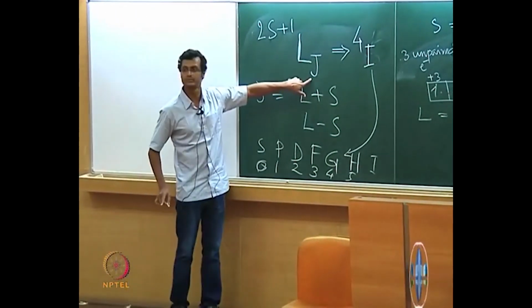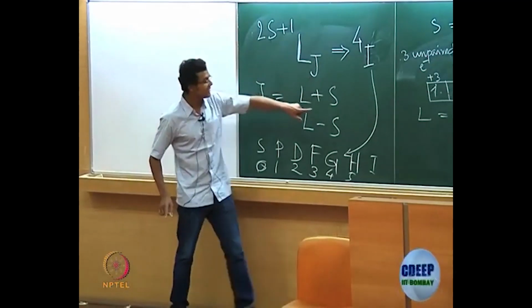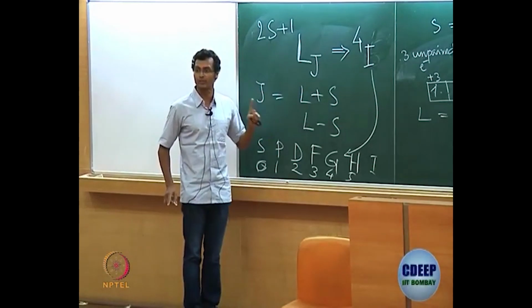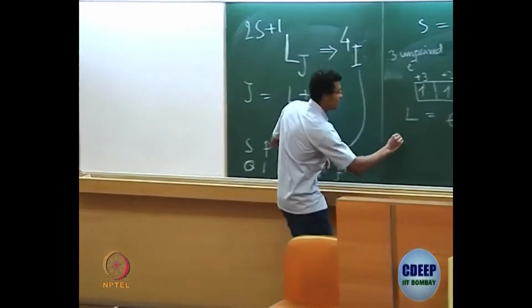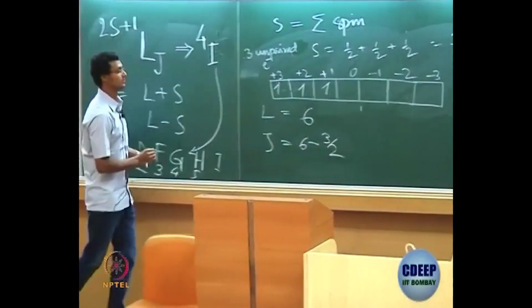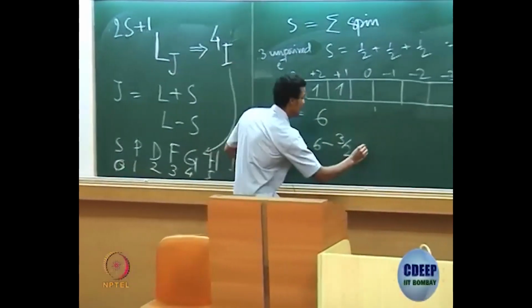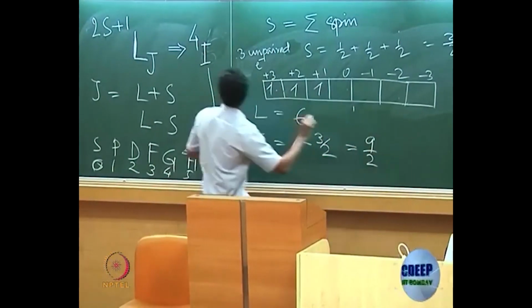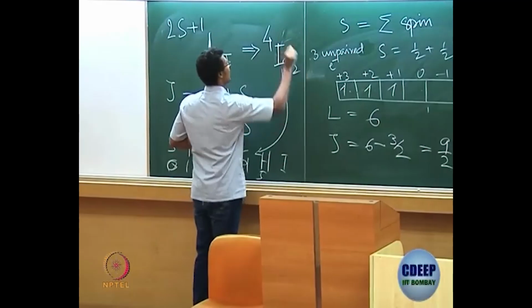And J is L minus S for the less than half-filled configuration. So J in this case will be 6 minus 3 by 2. How much is that going to be? 9 by 2. So this is going to be your term symbol.